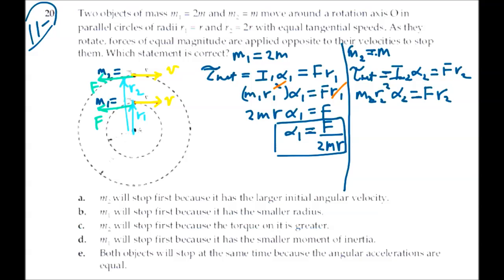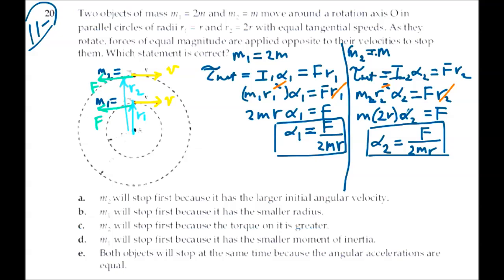One of these r2s cancels out, and m2 is equal to m, r2 is equal to 2r, so m times 2r times alpha 2 equals F. So alpha 2 is equal to that same F divided by 2mr. So the angular accelerations applied to both masses are the same. Alpha 1 equals alpha 2.